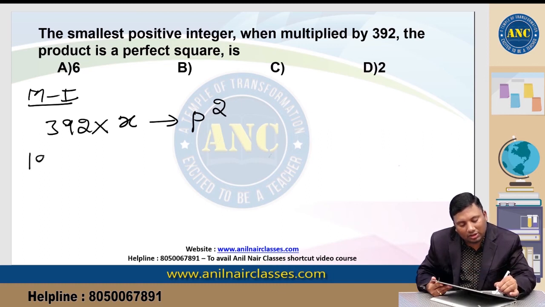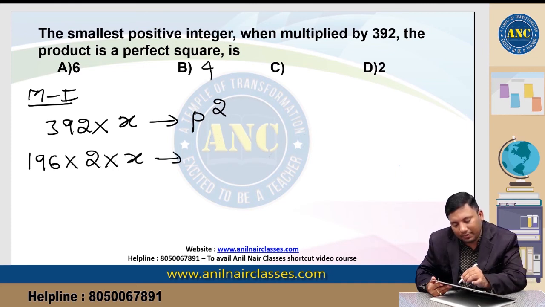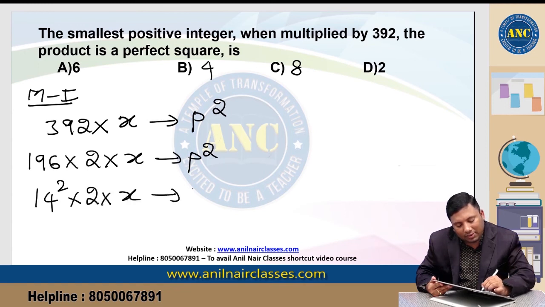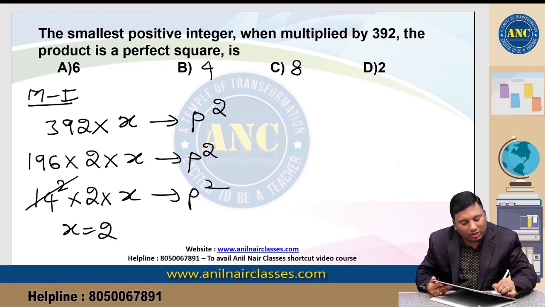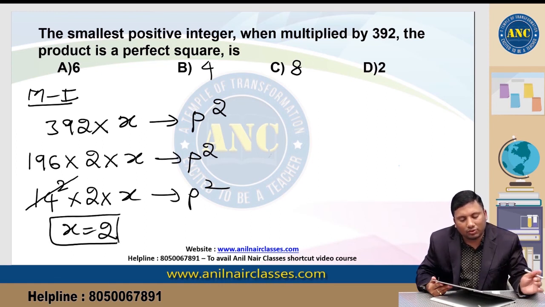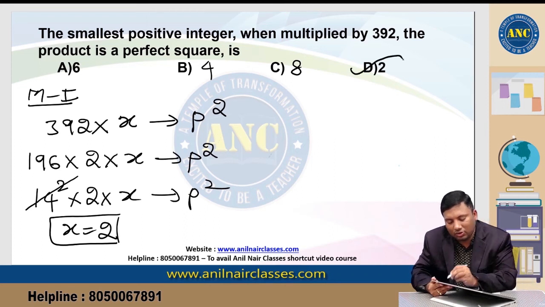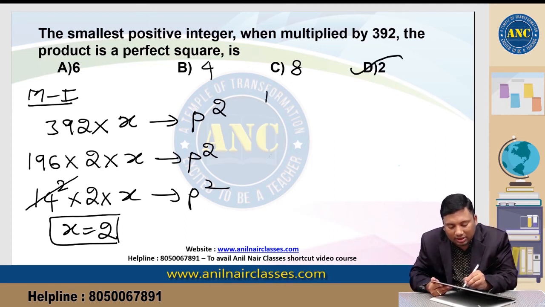So 392 is nothing but 196 into 2 into x, which is nothing but p square. 196 is 14 square, into 2 into x is p square. This is already a perfect square. So x should be 2. I hope it is clear, right? So the answer for this question is 2. This is the generic method.